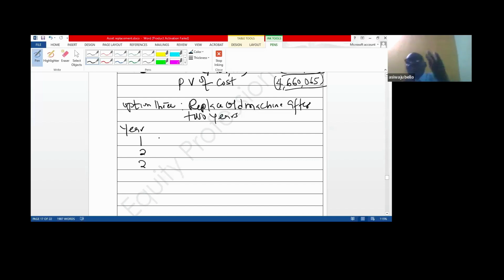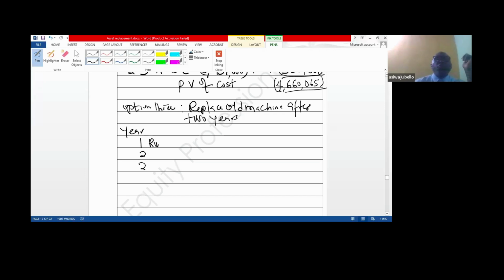If I want to replace the old machine after 2 years, that means I'm going to use it for year 1 and I will use it for year 2. After year 2, I'm going to sell the old asset. I will now introduce the new asset. Look at it. Running cost of old machine.